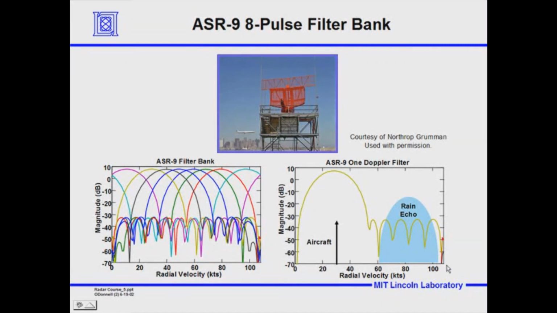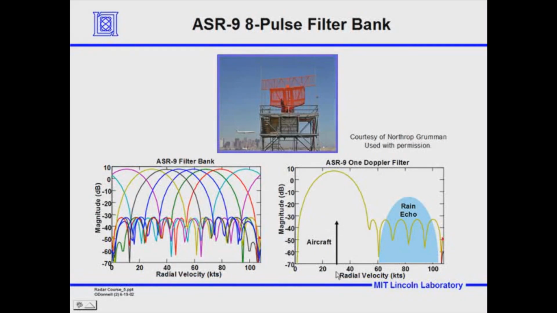And of course that means, as you'll see when we discuss 2 view graphs later, that this could be a target with a true radial velocity of 30 knots, or one with a velocity of 130 knots that, because of the so-called blind speeds, which we'll discuss 2 view graphs later, aliases down or folded over and appears in this filter.